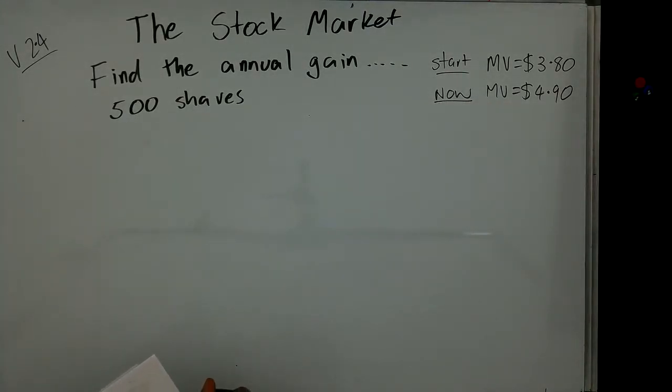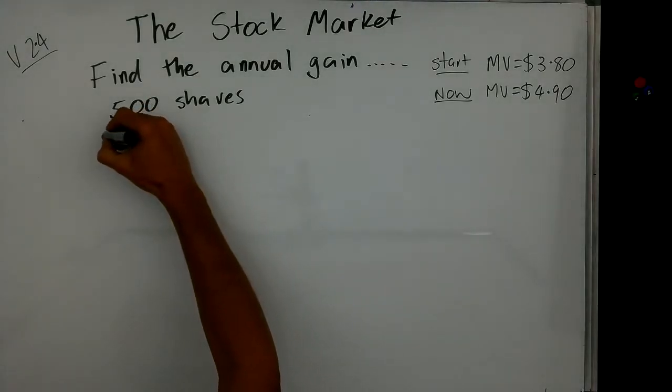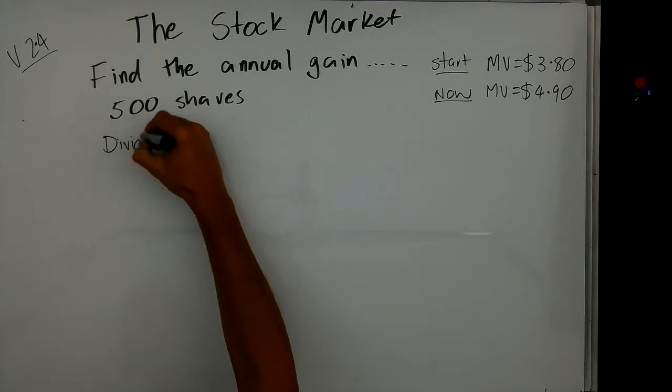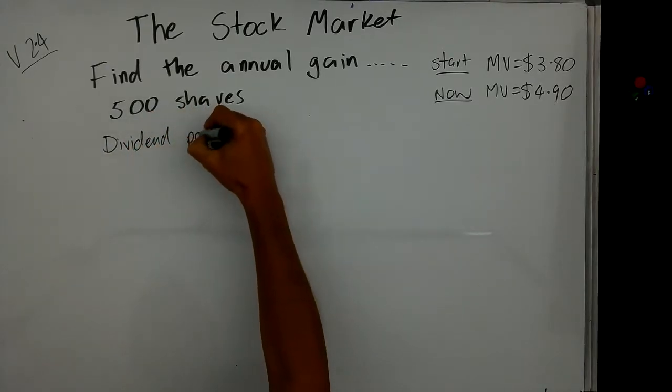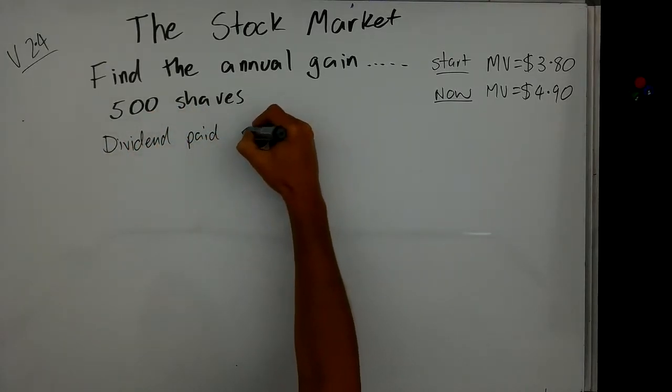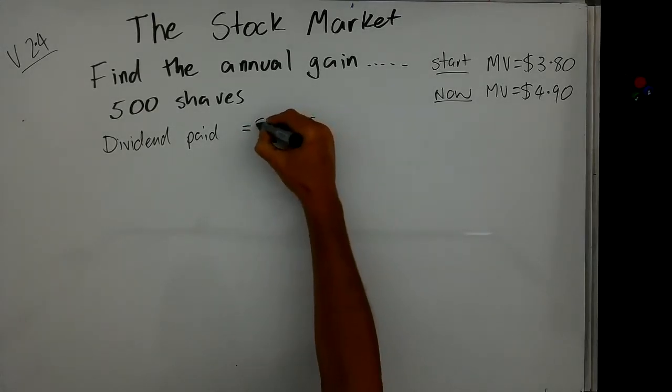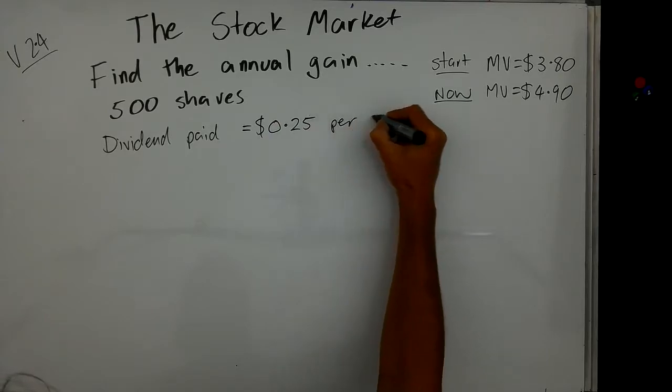During the course of the year, the company paid shareholders dividends totaling 25 cents per share. So, dividend paid equals 0.25 per share.